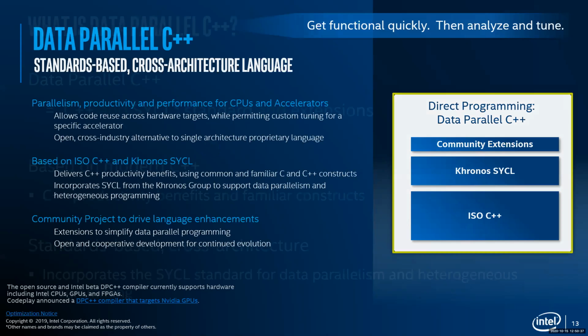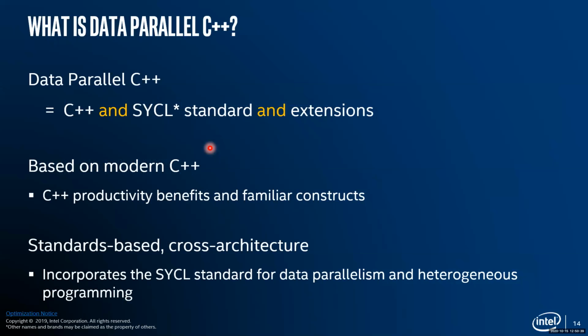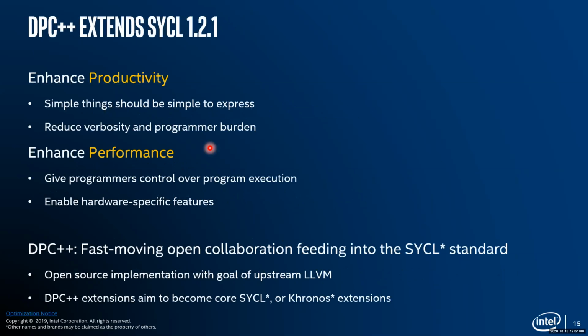Right. So in a nutshell, what is Data Parallel C++? It's mainly pure C++ plus SYCL, which has heterogeneous computing support, plus some community extensions. It's based on modern C++, and it also incorporates SYCL for heterogeneous programming. So what about the extensions that we just talked about? It's mainly for two purposes.